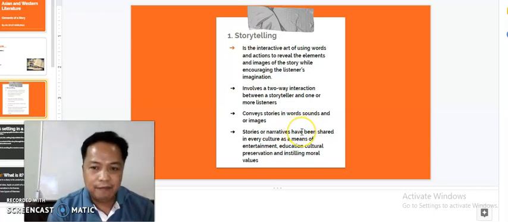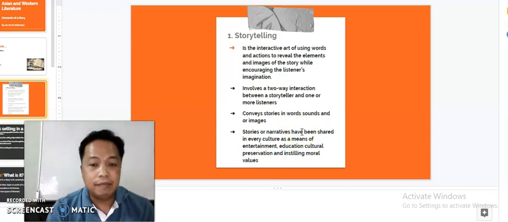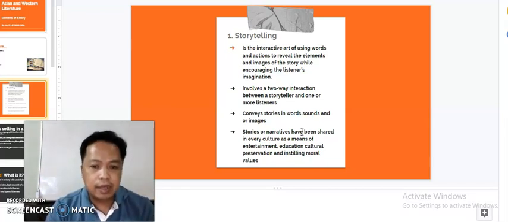Stories or narratives have been shared in every culture as a means of entertainment, in education, cultural preservation, and instilling moral values. Kids before could learn through listening to different stories from their parents or grandparents. So storytelling also is very important. It will give us moral values.